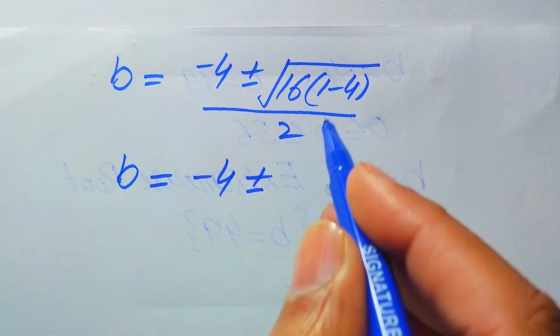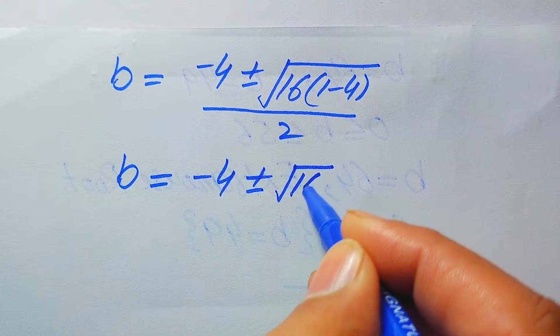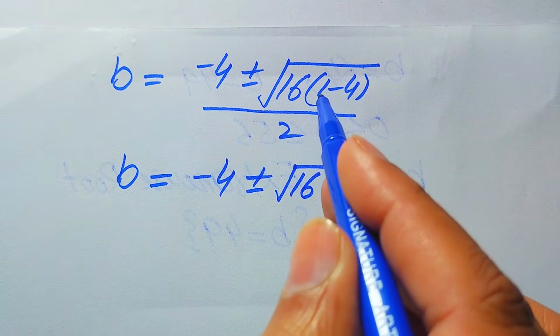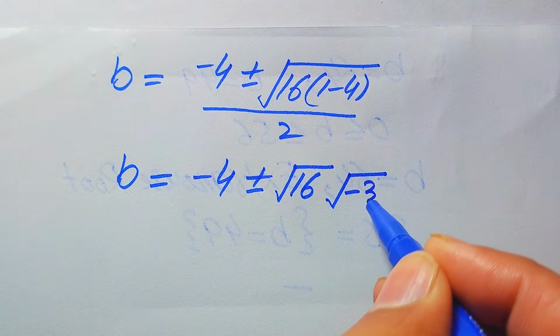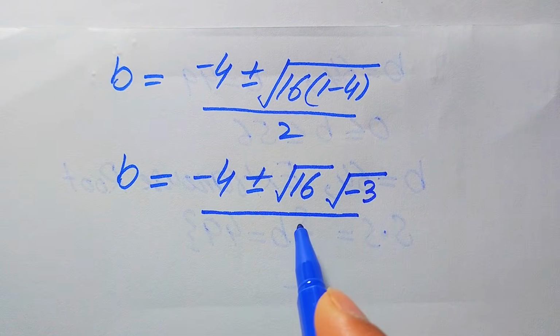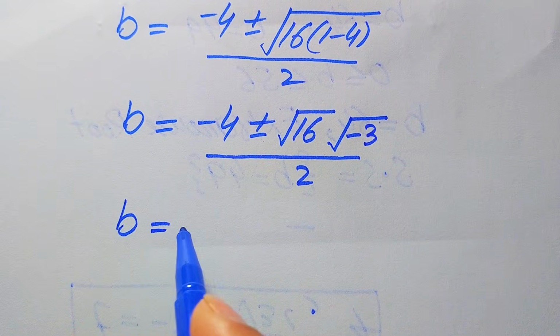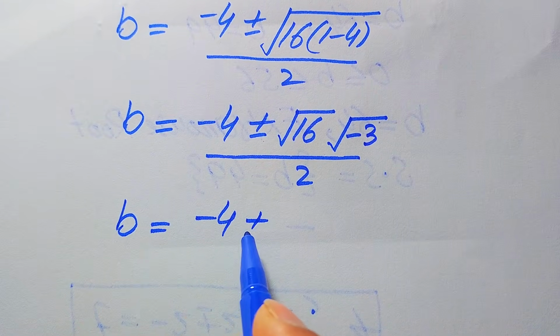Here we apply the square root separately on both of these two values, and it becomes square root of 16 into square root of 1 minus 4, and 1 minus 4 becomes minus 3, divided by 2.